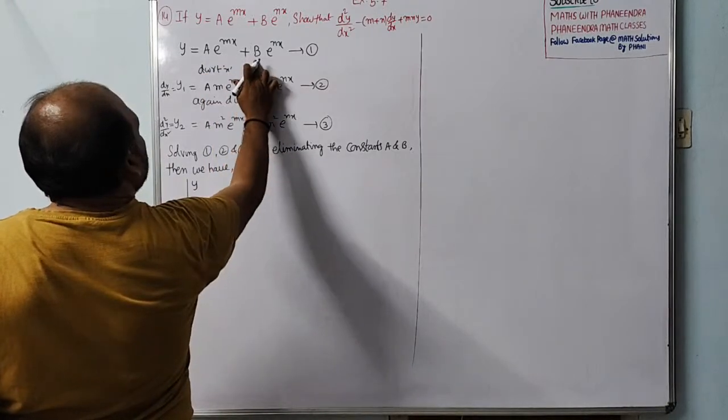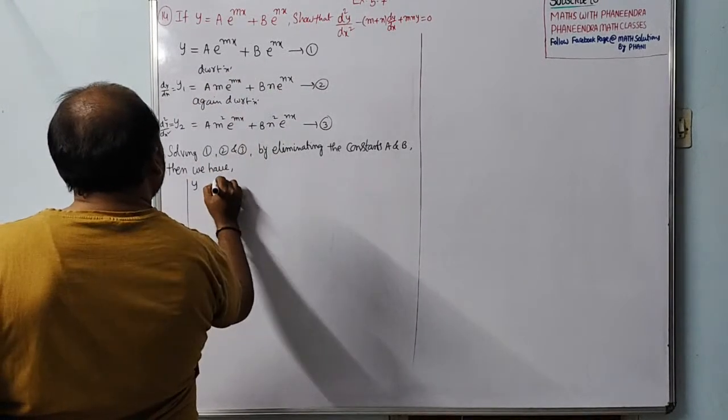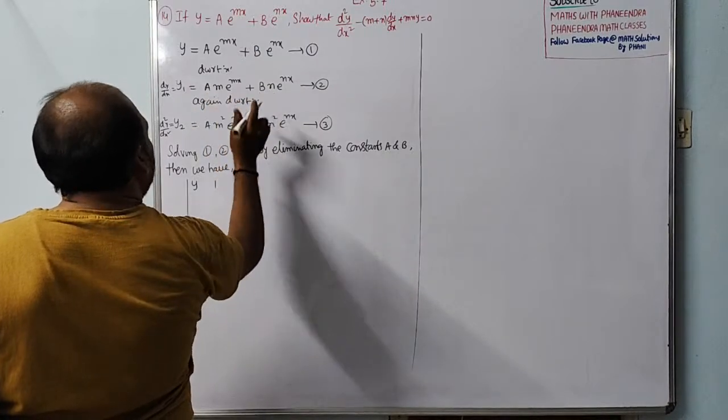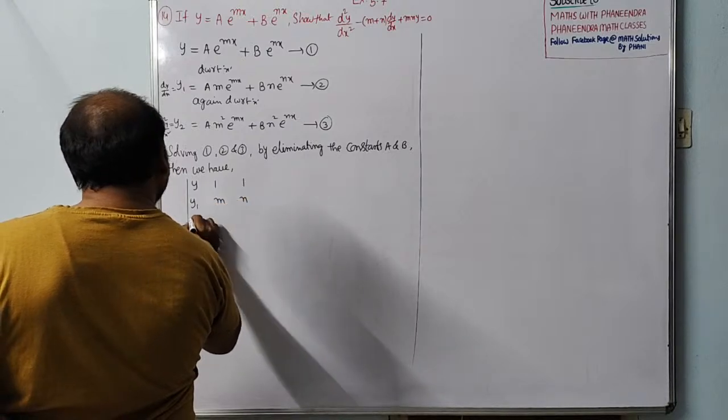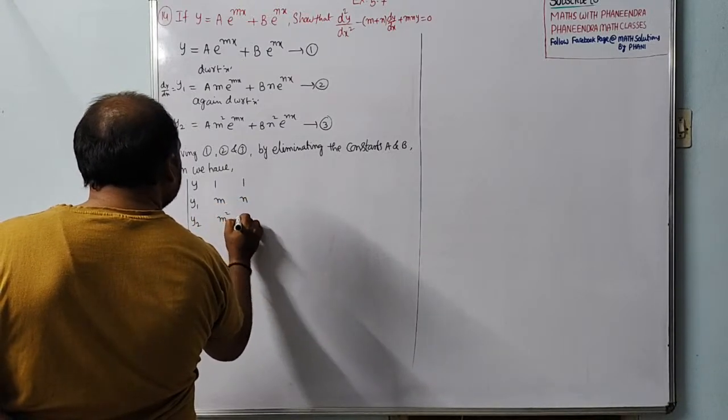a e power mx, b e power nx coefficients only we can write as 1, 1. Here also m, n. Here it is y1, m, n. Here y2, m square, n square.